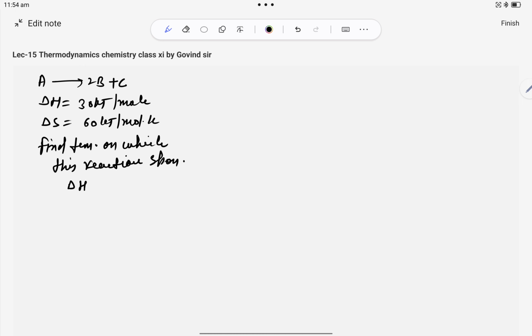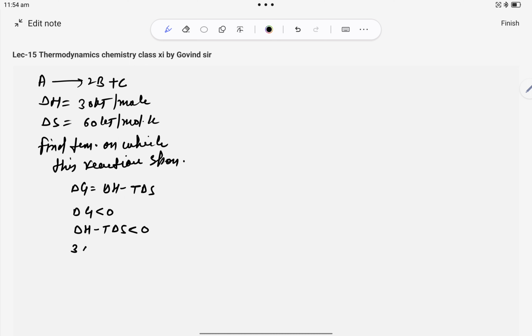So for spontaneous, delta G should be less than 0.